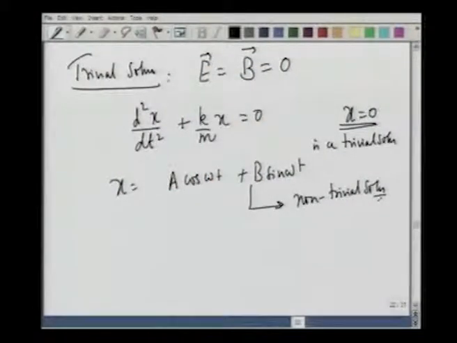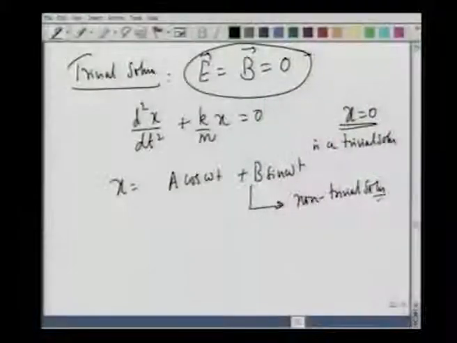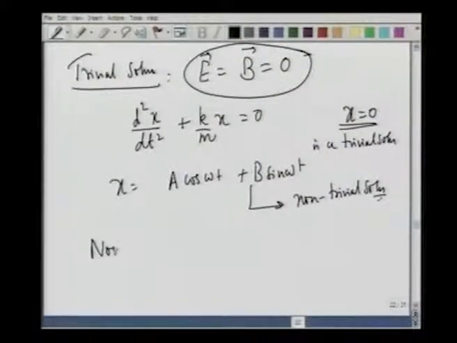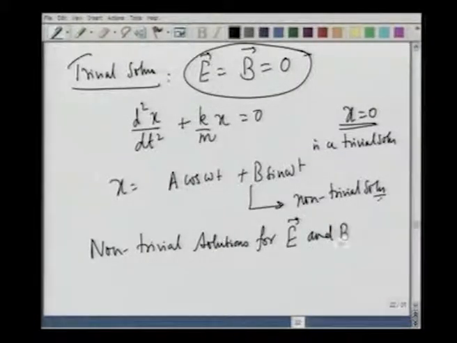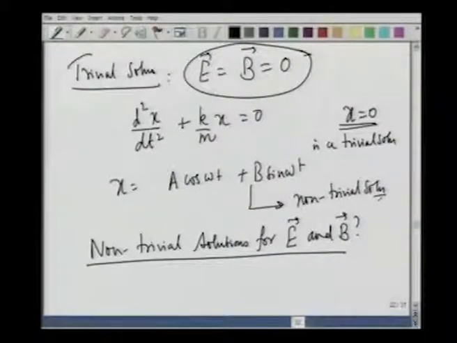So, in a similar manner, I am not interested in the trivial solution, but I am interested in non-trivial solutions for E and B. In other words, we want to mimic the non-trivial solution for this simple harmonic oscillator problem, and then I want to see whether I can write a similar thing, and then whether it can be seen experimentally or not. That is what Maxwell did, and let us explore that slowly, step by step.